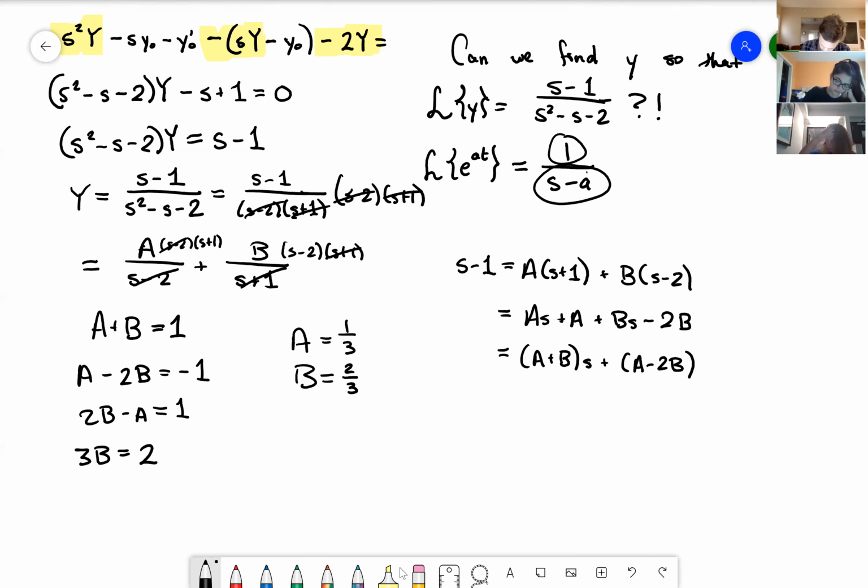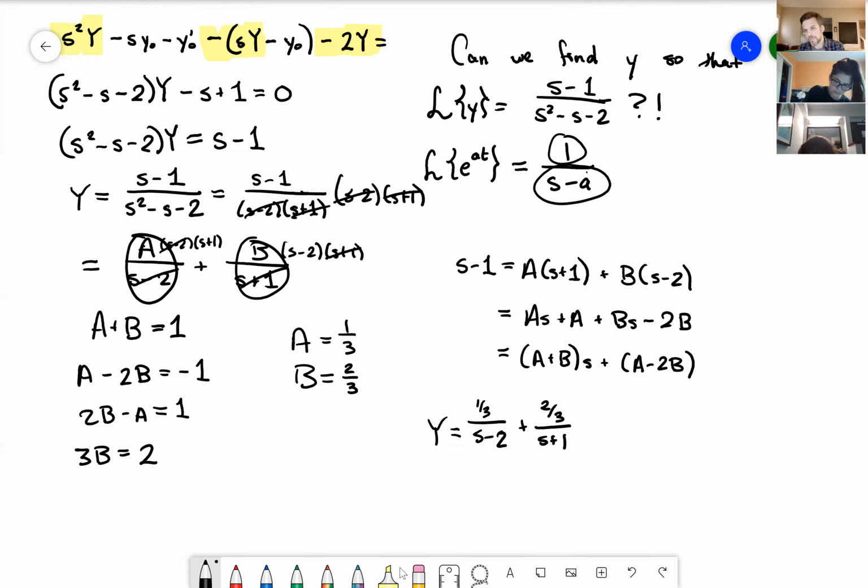And what I get is that y is equal to a over s minus 2, plus b over s plus 1.